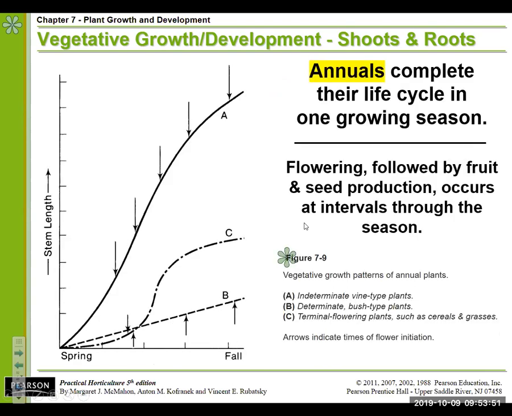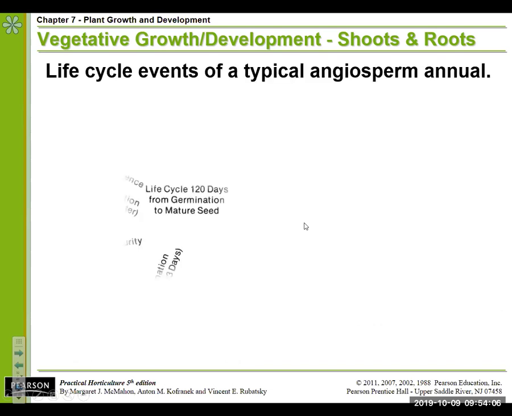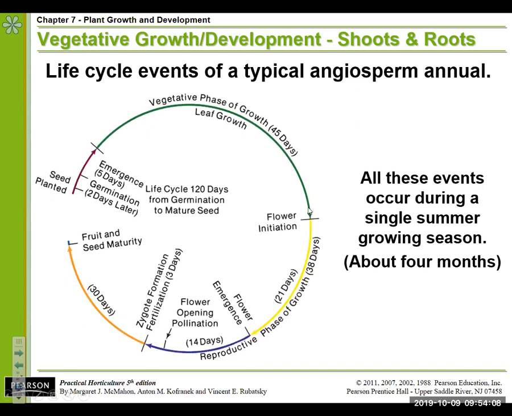We talked before about the different types of growth of plants, different life cycles, annuals being one growing season. And in terms of the life cycle of an annual, generally we're going to plant the seeds every year.